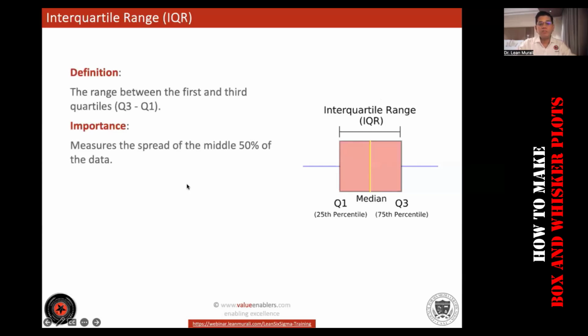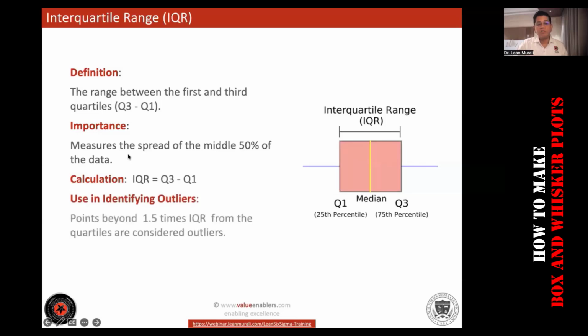The importance of this is that it measures the spread of the middle 50% of the data. That is what you have to understand. Q3 minus Q1 is a calculation.